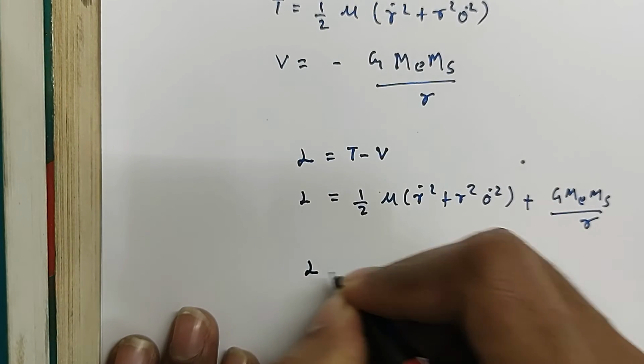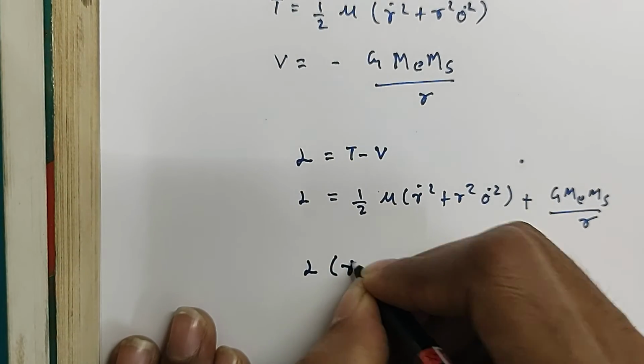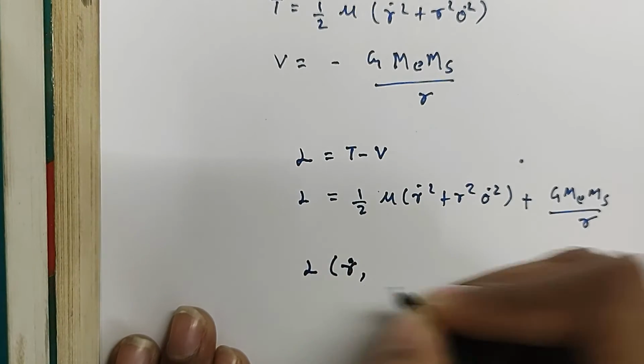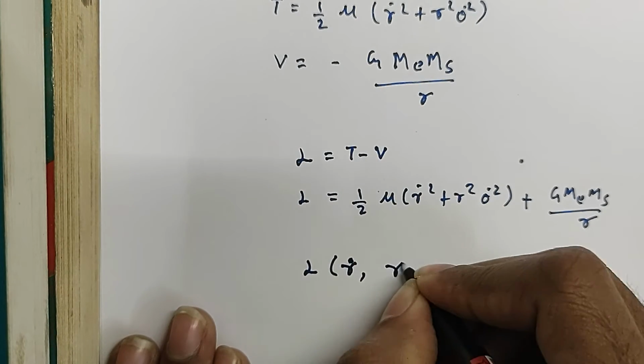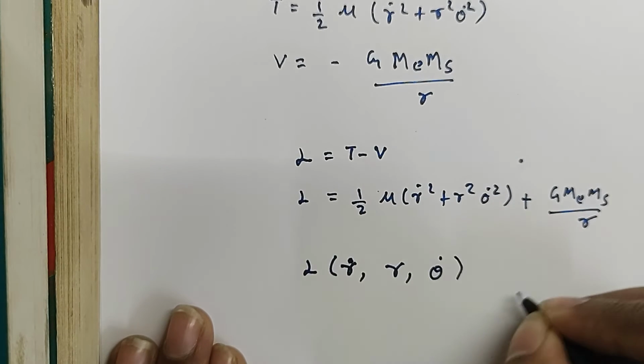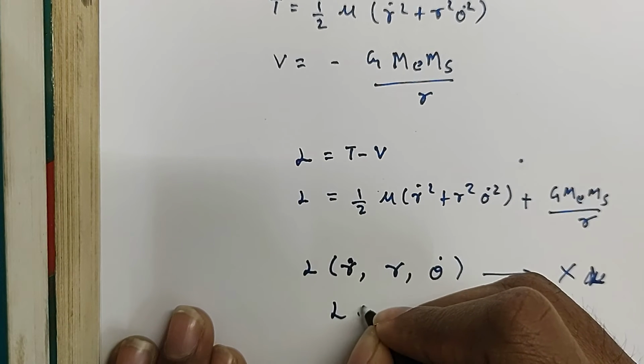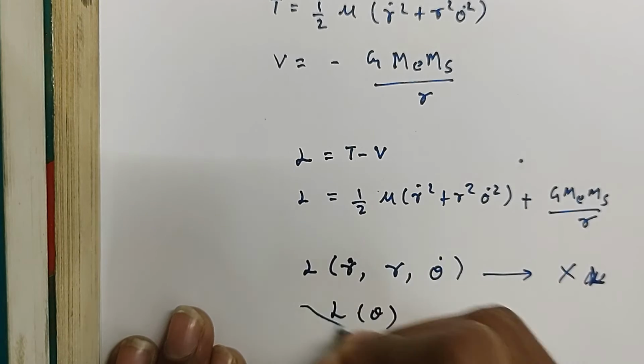If you see, my Lagrangian is a function of what? It is a function of r dot, it is a function of r, it is a function of theta dot, but it is not a function of theta.